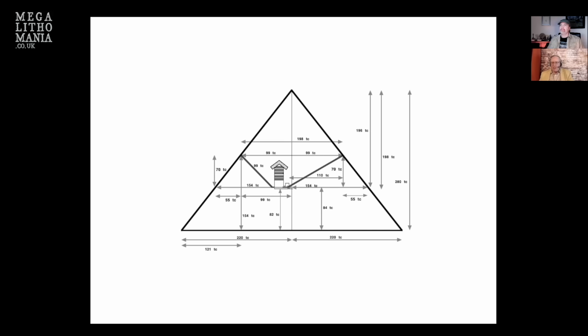It's the Grand Gallery, and it's a pathway that runs up towards the King's Chamber, but it's got this roof that is, I don't know what it is actually, probably about 30 cubits, 15 meters high. Anyway, it's an enormous great gallery that runs up towards the King's Chamber, and it has absolutely no rational reason for it being there.